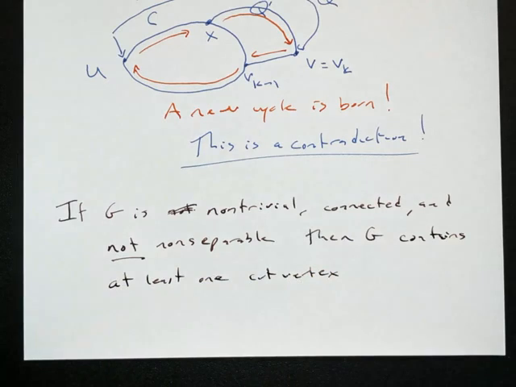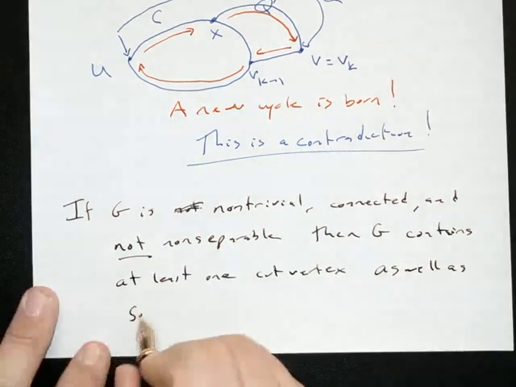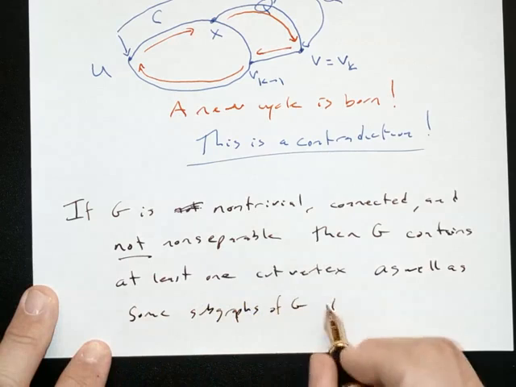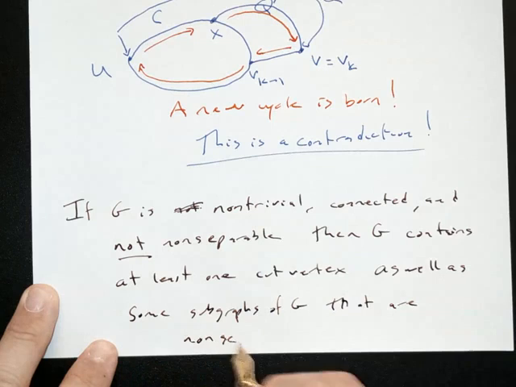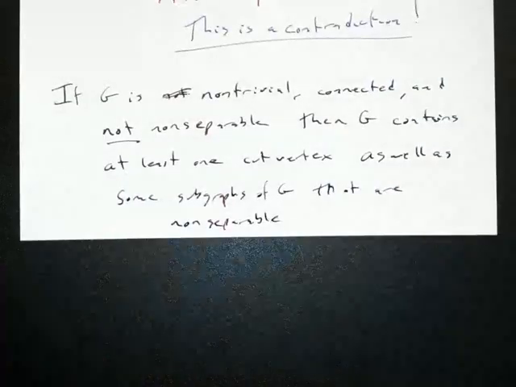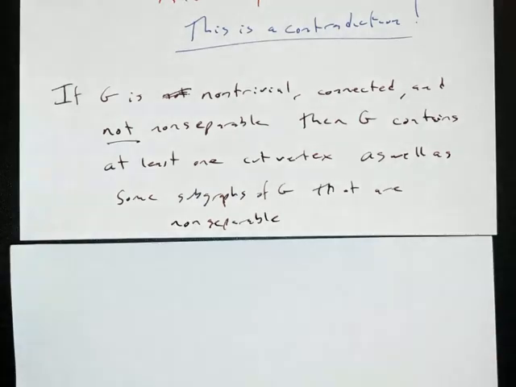But in addition to that, there will be a subgraph of G that is not separable. So even if my graph itself is separable, there's a subgraph within it that's not separable.